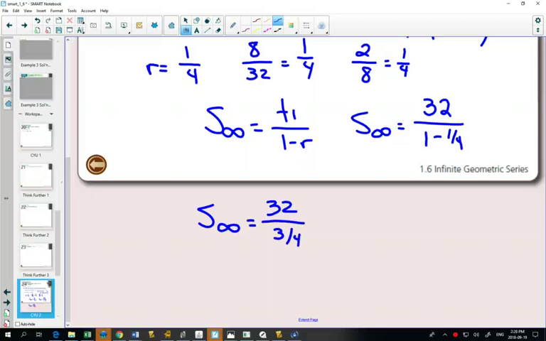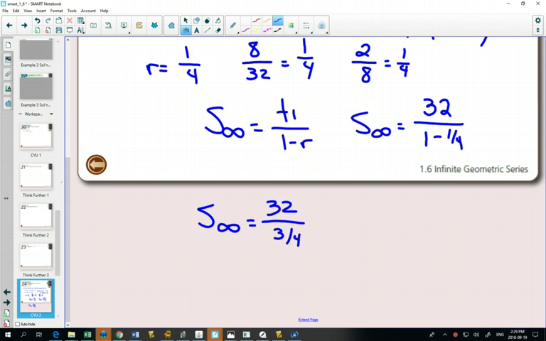How did I subtract 1 minus 1/4? Did I just know it was a 3/4? Probably. But if you wanted to subtract fractions, how do you subtract fractions? We need to change the 1 to 4/4. Get a common denominator. 4/4 minus 1/4 would give me 3/4.